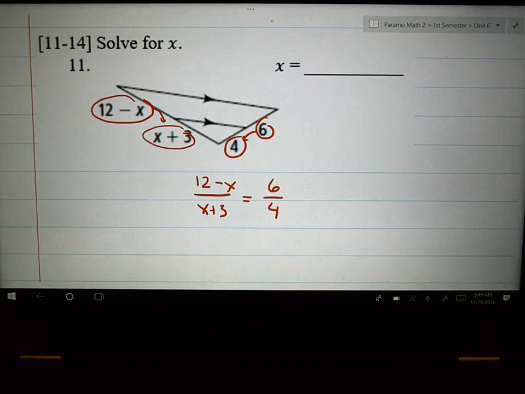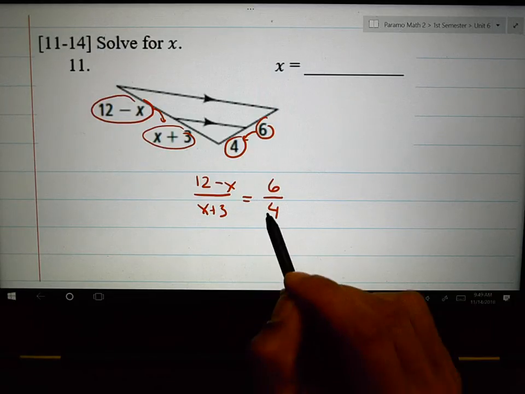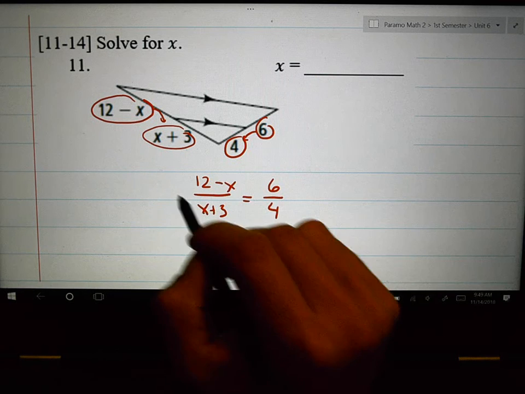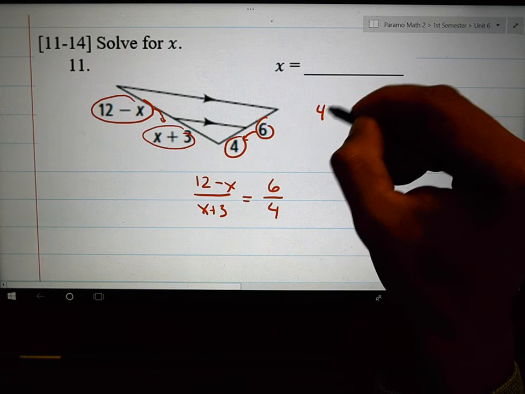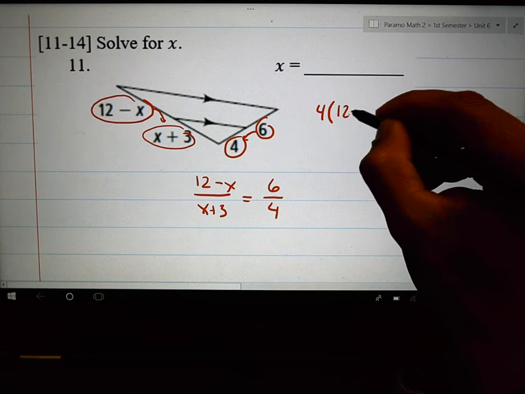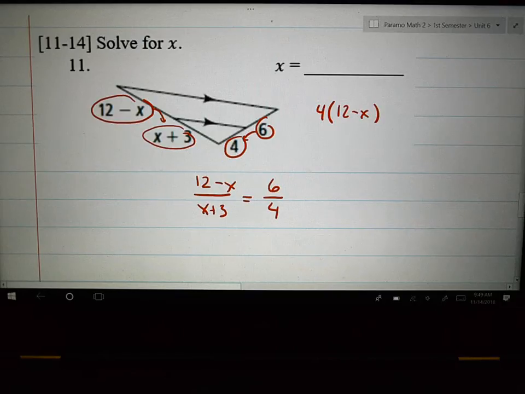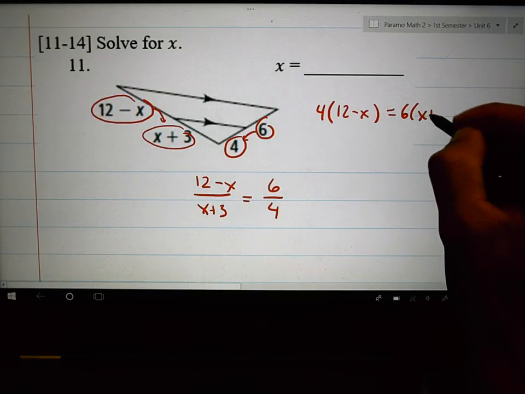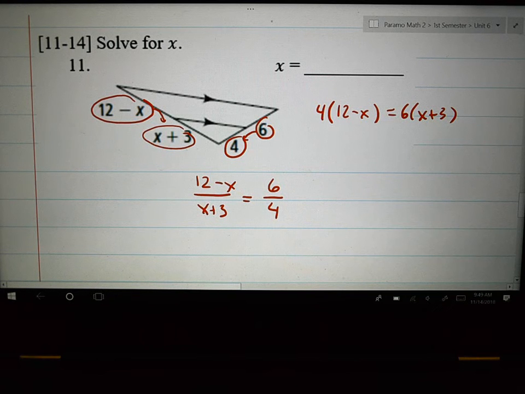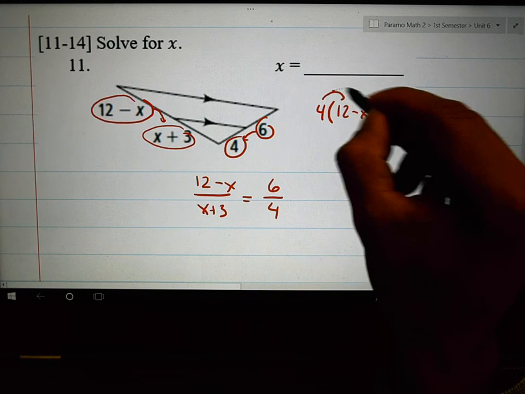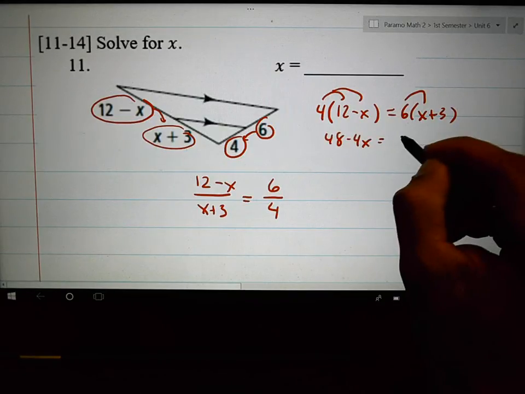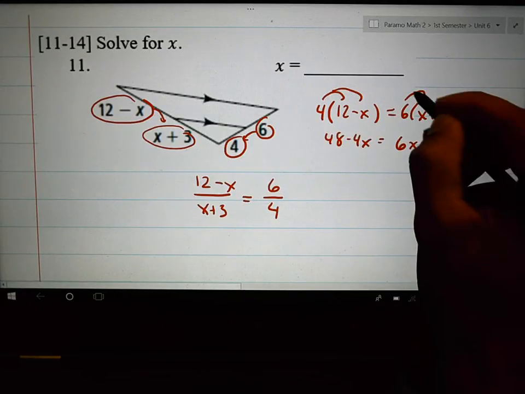The mistake that I normally see, don't forget to distribute this 4 to both of these things. It's 4 multiplied by the 12 minus x. It's 6 multiplied by both of these things, the x plus 3. So a lot of times I will write these in parentheses and then distribute: 48 minus 4x, 6x plus 18.